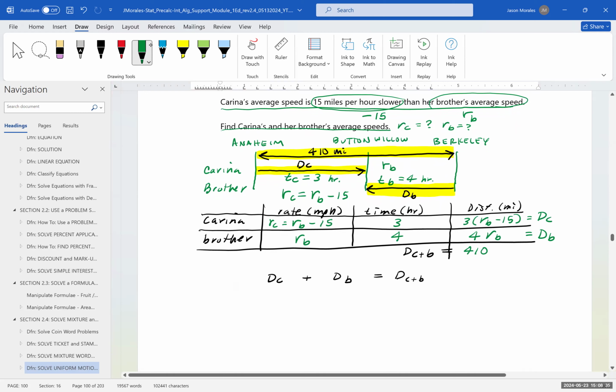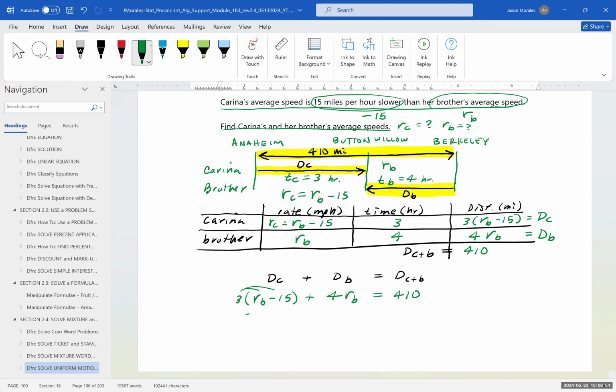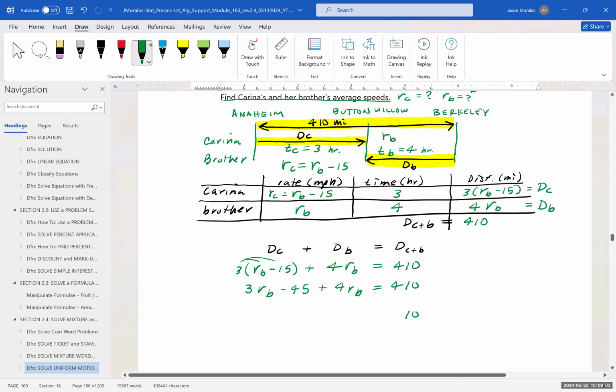All right, so the distance of Karina is going to be 3 times her brother's speed minus 15, plus the distance that her brother traveled, which is 4 times the speed of her brother. And that should be equal to 410. So let's distribute. And to get rid of this 45, we'll just add 45 to both sides.